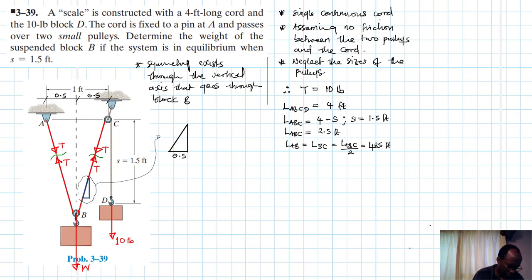That's 2.5 divided by 2, 1.25. Great. So we have this side here, this length, the hypotenuse is 1.25, right?